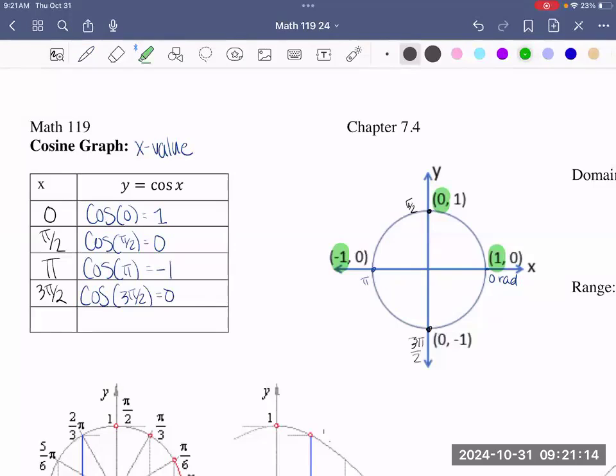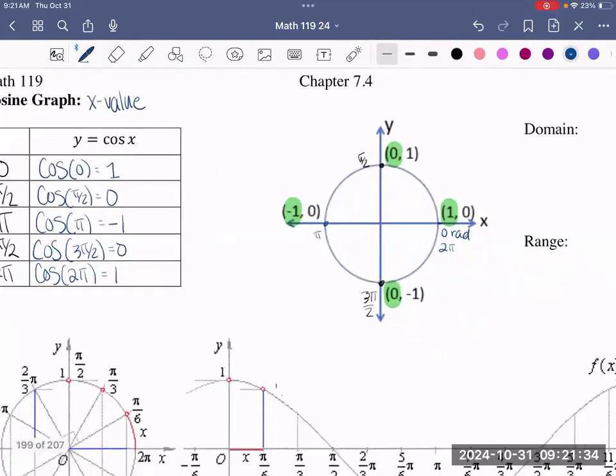That is, again, your x coordinate. Now, we need an additional point because notice that we haven't done our full rotation. So once more, instead of at 0 radians, we're now at 2 pi. So cosine of 2 pi is equal to 1.